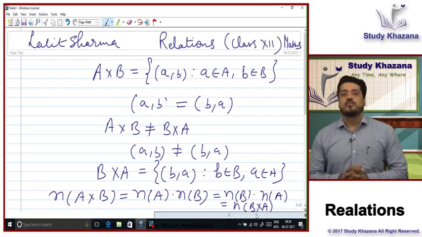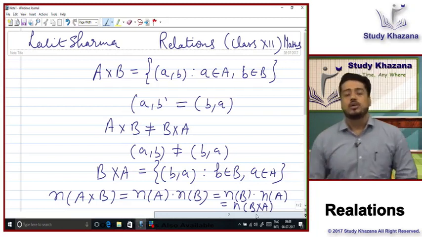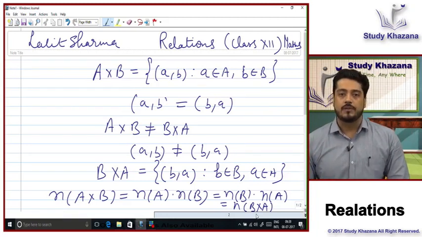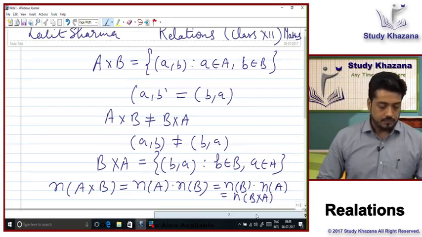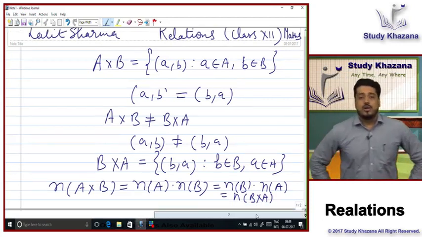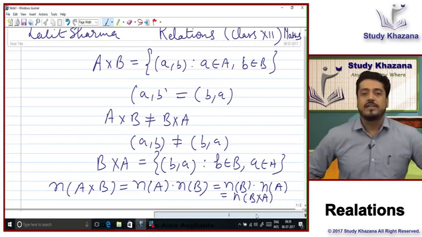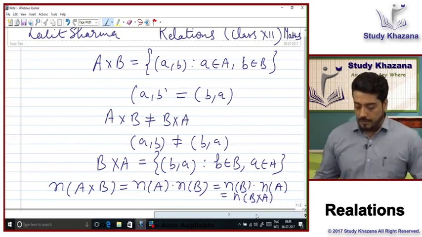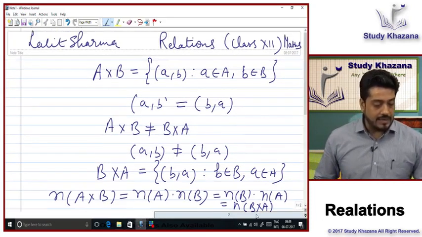Okay, so now we are in a position to give the definition of a relation. Let A and B be any two non-empty sets.